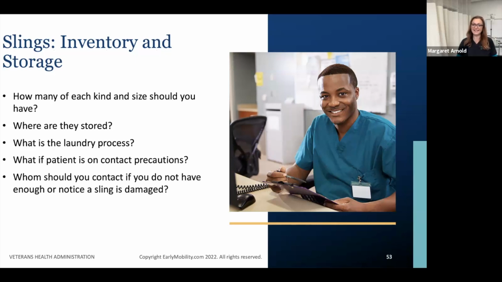Who should you contact if you do not have enough, or if you notice a sling is damaged? As the unit peer leader, you should know the answers to all of these questions. If you don't, ask your facility coordinator or program manager so that you know how to address problems and make sure that your unit is fully equipped with the right number and all of your slings are in good working order.